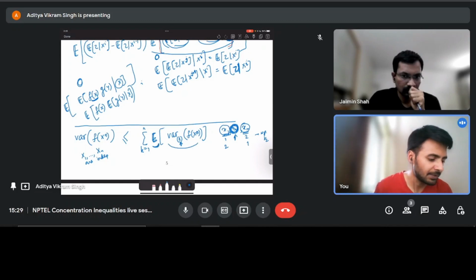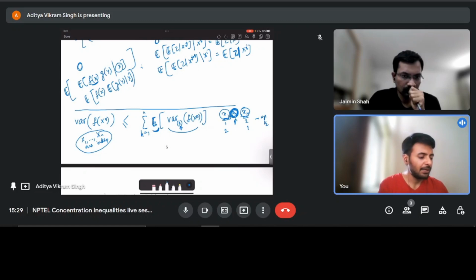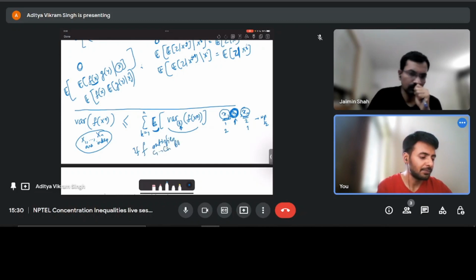So this was Efron-Stein, and this only used independence. It did not use anything about the bounded difference property. Later we showed that if f satisfies the bounded difference property with constants c1 to cn, then we can bound the right-hand side to be less than or equal to something like the sum over i equals 1 to n of ci squared, times 1 by 4, or maybe 1 by 2, I don't know.